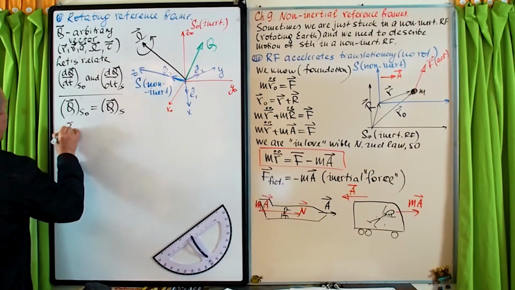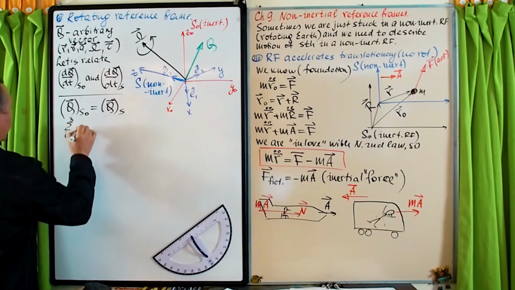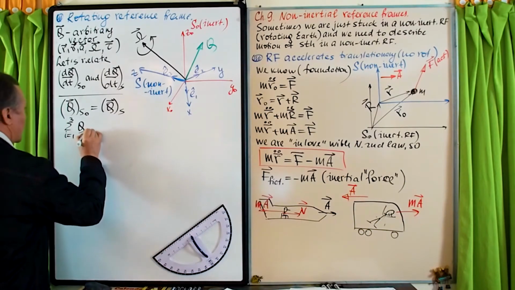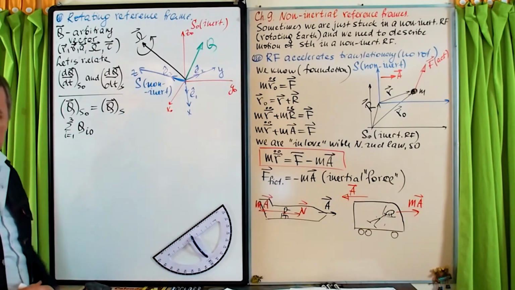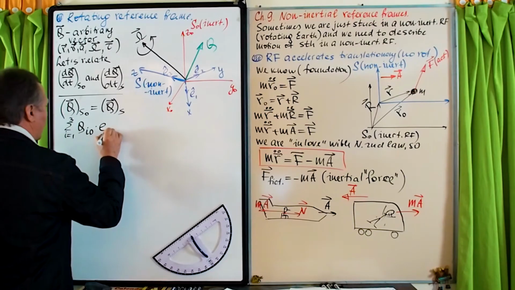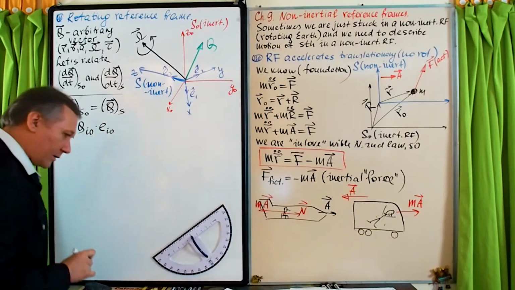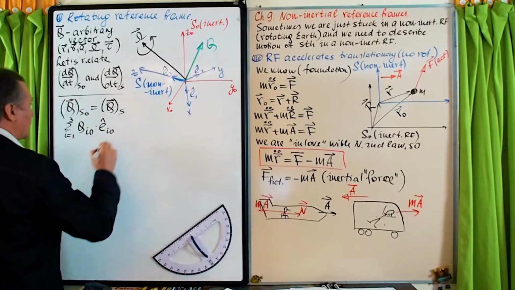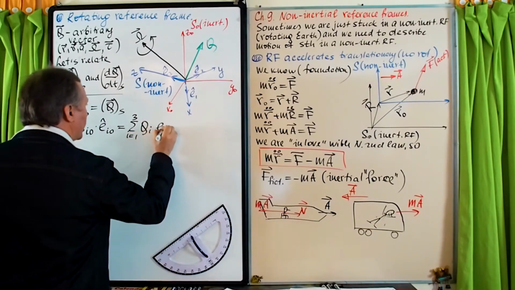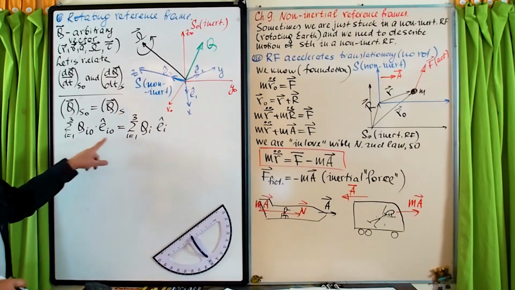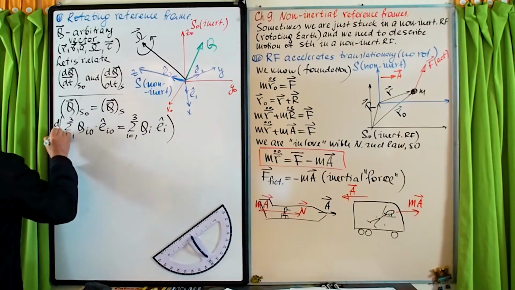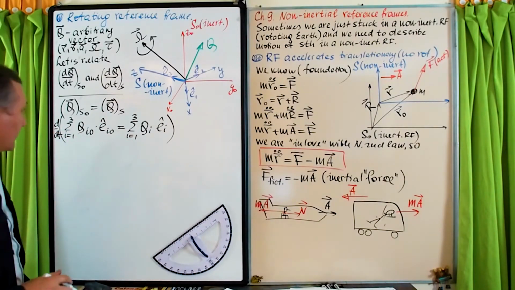I can write it as a summation over i from 1 to 3 of q i0 times e i0 hat, which equals the summation from 1 to 3 of q i times e i hat, so in S naught and in S. And now let's differentiate d over dt, because that's what we want.